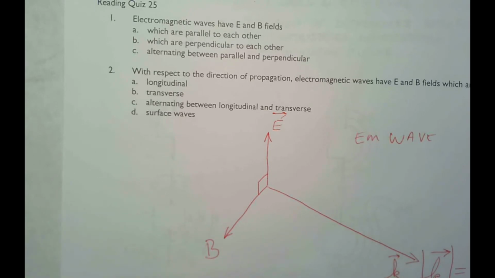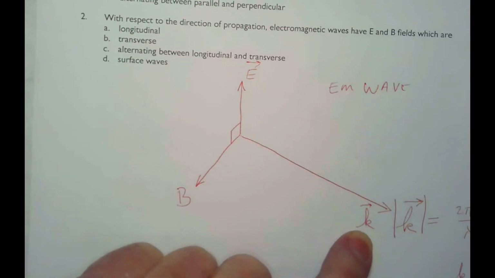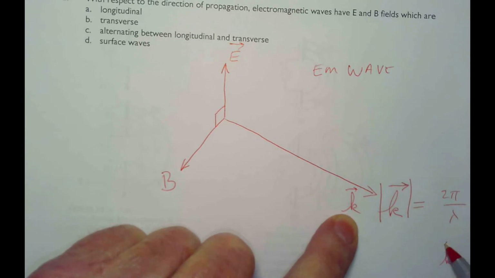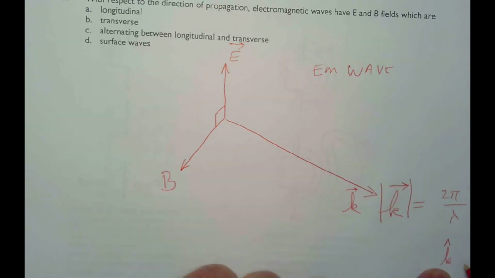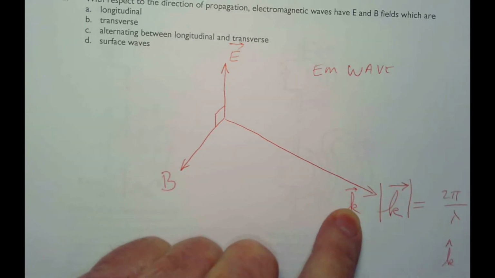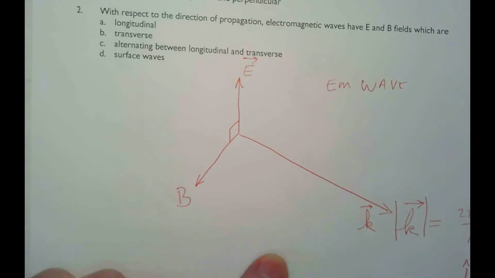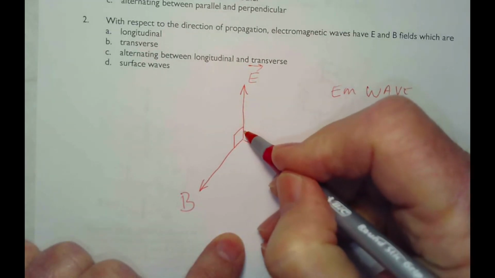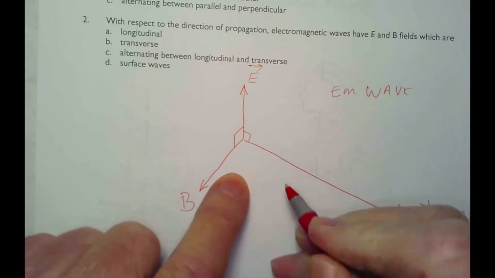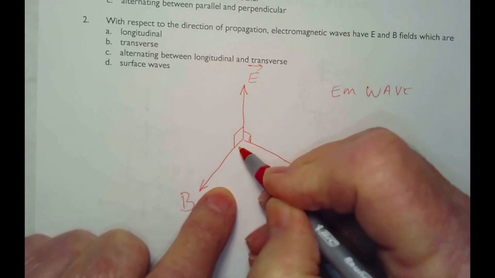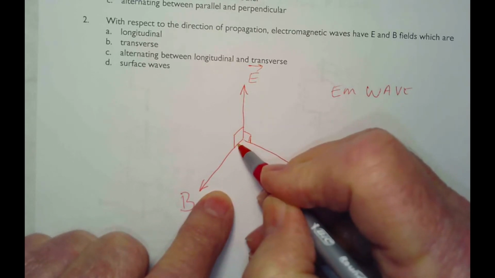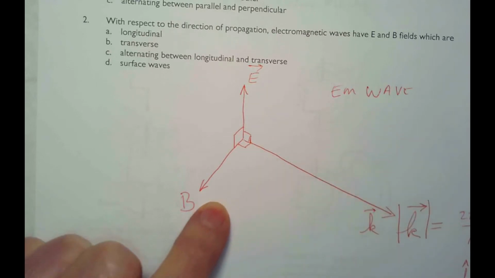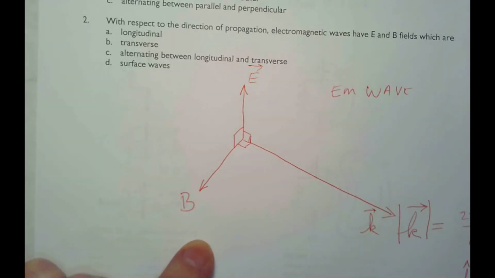Sometimes we use k; remember not to confuse this with little k hat, which is the unit vector in the z direction. This is the wave number. That electric field is perpendicular to the wave number, and also the B field is. So these are three mutually orthogonal directions.